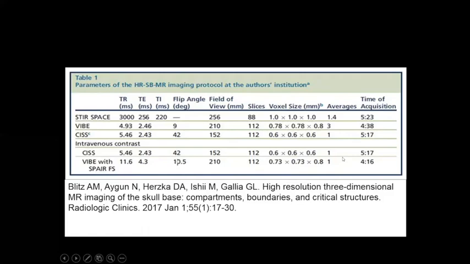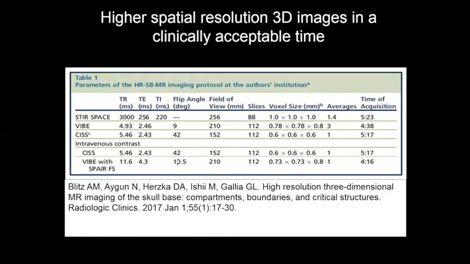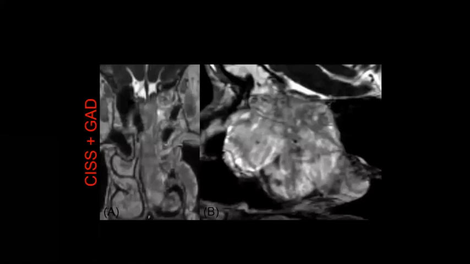So we use our highest spatial resolution for the CISS imaging, and we can acquire this high-resolution protocol with the attendant sequences in about 25 minutes. So that will fit into most imaging schedules and yet provide a really very high level of imaging data.